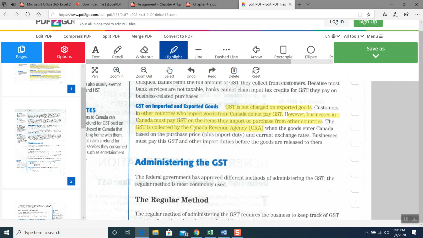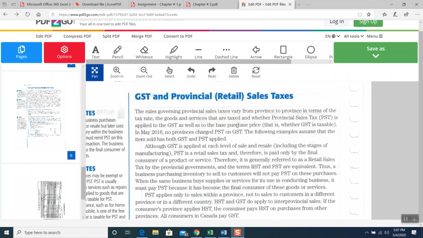What is the agency called? Canada Revenue Agency, or it calls CRA. So this is the topic for GST for today. Please exactly do the same as I showed it to you on the screen, how to highlight the important parts of this topic. Okay.